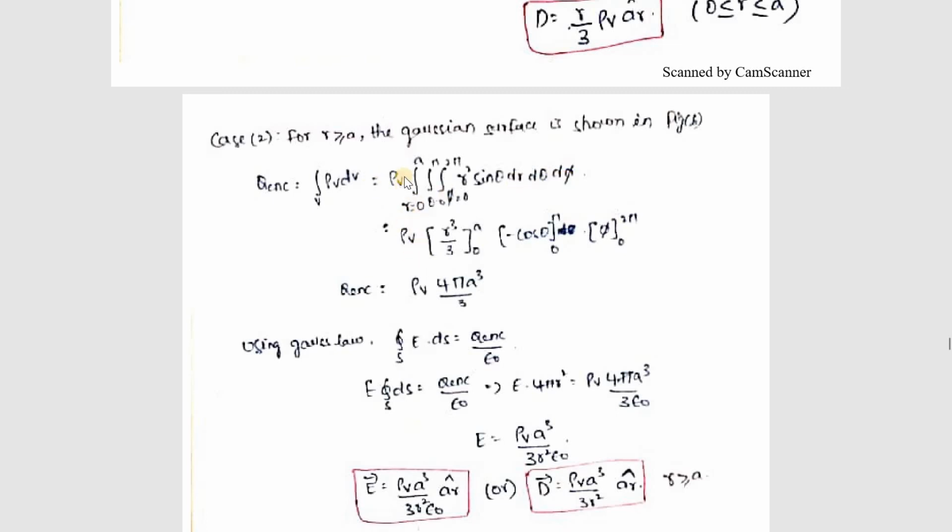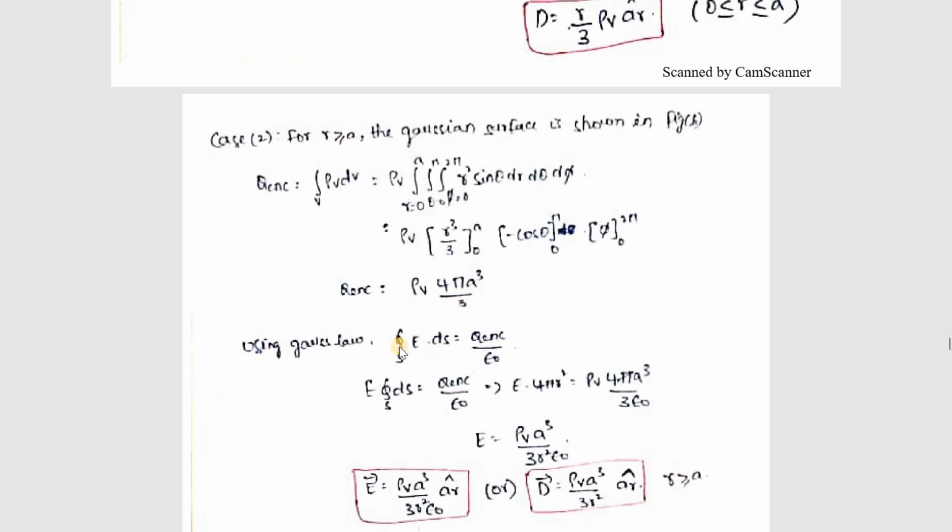Now rho v, and we know the limits. Limits here are r is 0 to a. Previously it is r is 0 to r. And here it is greater than a, so the maximum limit is a, so it is 0 to a, theta is 0 to pi, and phi is 0 to 2 pi. So if we solve this, we get rho v into 4 pi a cube by 3.